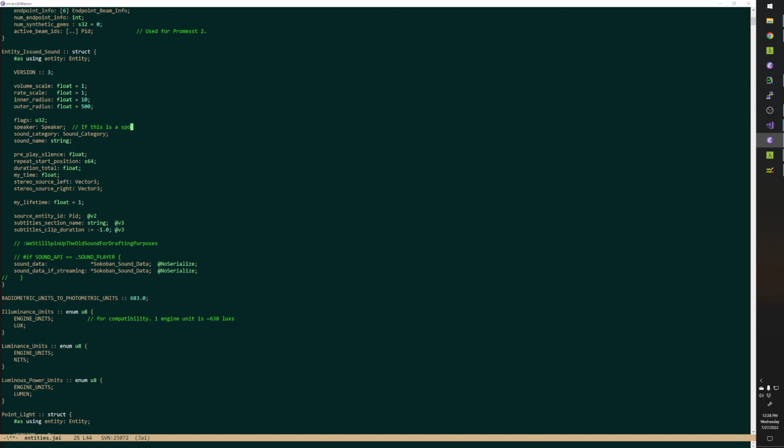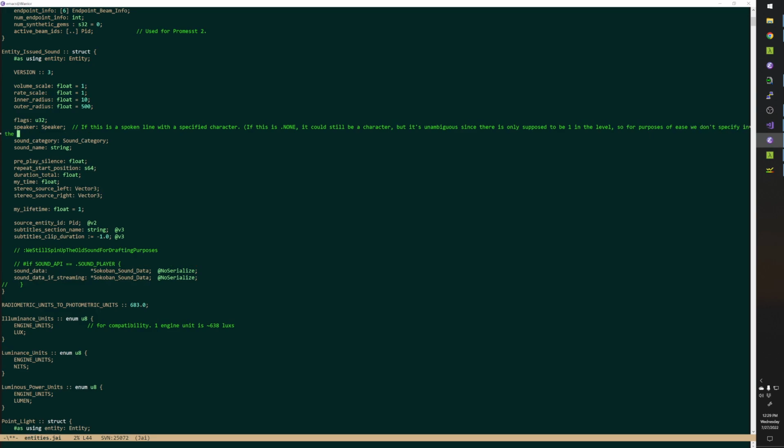If this is a spoken line with a specified character, if this is .none, it could still be a character, but it's unambiguous since there is only supposed to be one in the level. So for purposes of ease, we don't specify.